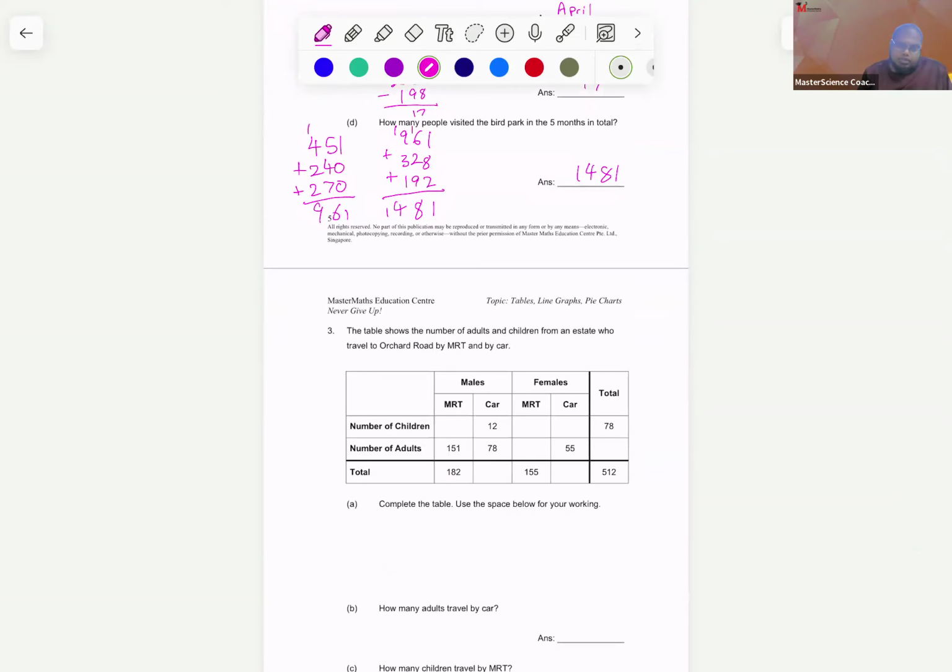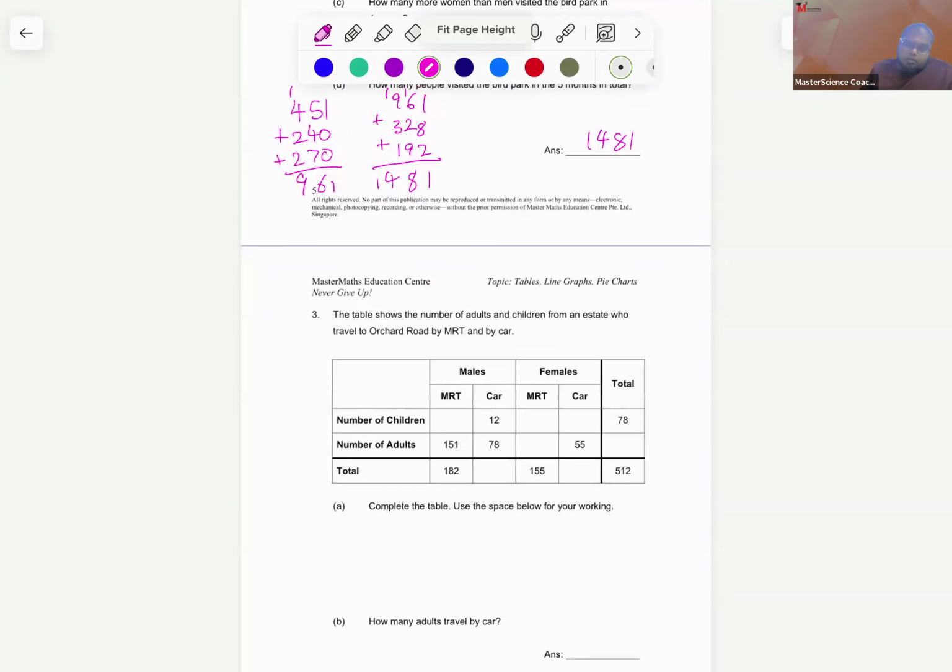Question 3 is a bit similar to question 2. It's just that there's a bit of a difference in the table. The table shows the number of adults and children from an estate who travel to Orchard Road by MRT and by car.